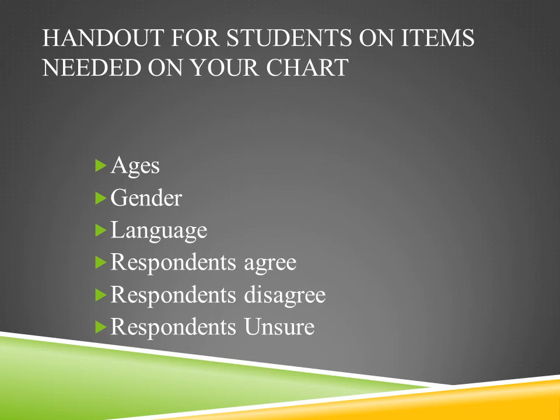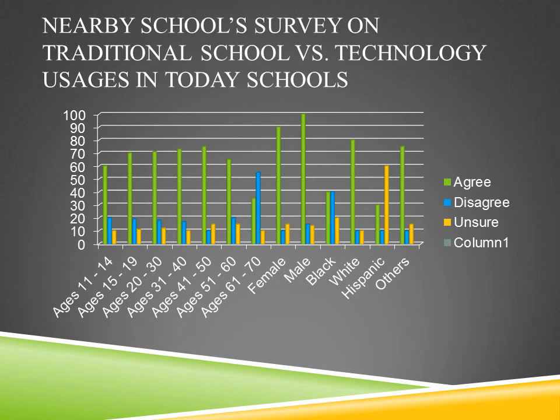On the side of your chart, you would need to put the ages and follow the outline of your chart from the nearby school, where they did a survey on traditional school versus technology uses in today's school. And as you can see, when you put it at the top of your frame, it'll say agree, disagree, unsure.